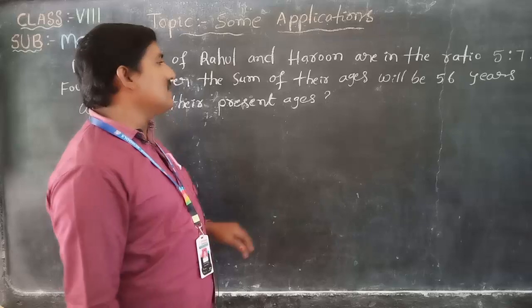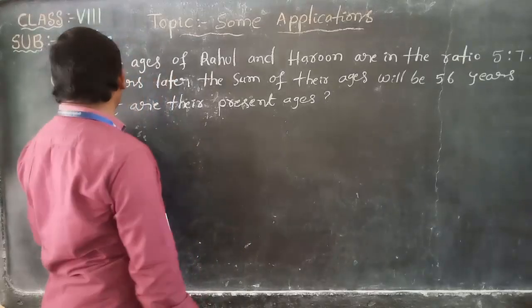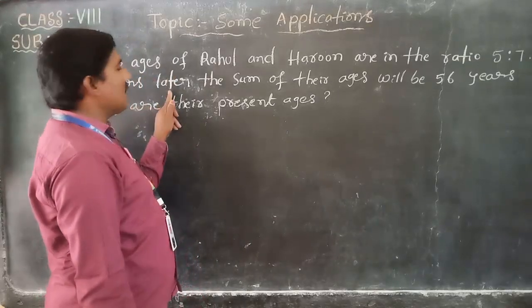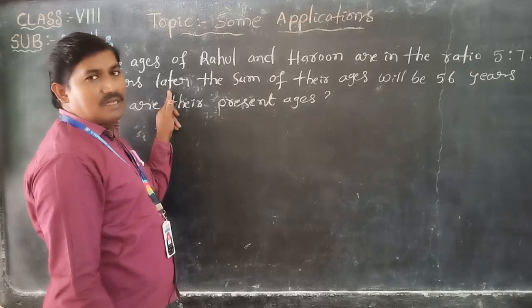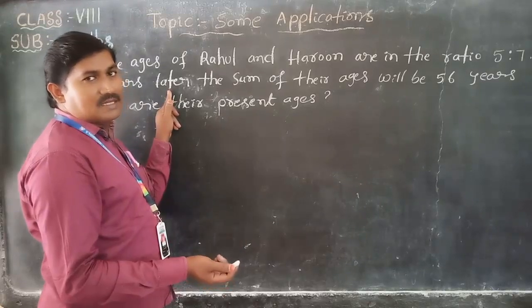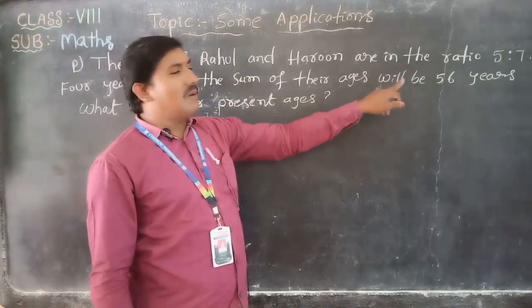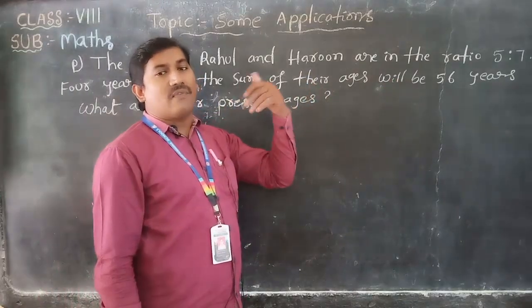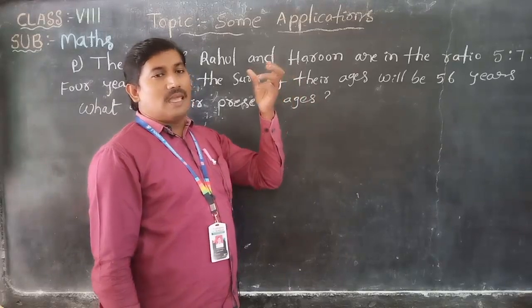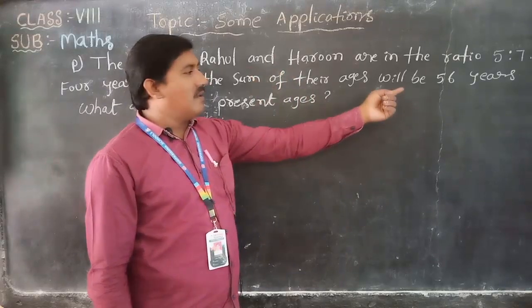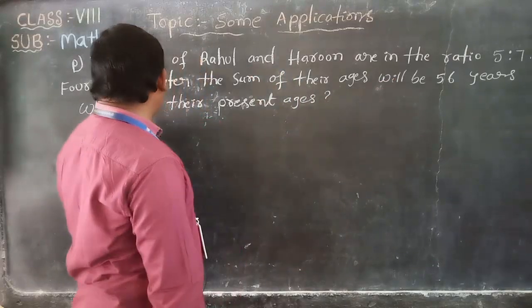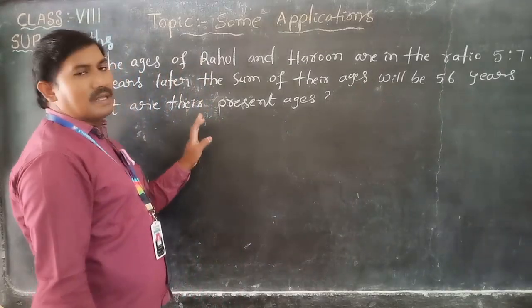They given the ratio of their ages. 4 years later means after 4 years, the sum of their ages will be 56 years. After 4 years, their two ages adding means we will get 56 years. Then we should find their present ages.